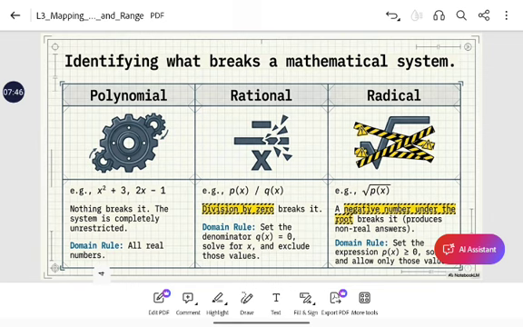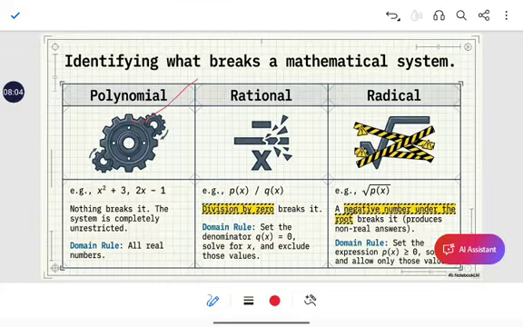All right, so we want to identify what can make a function undefined. What makes a function undefined? We have a polynomial, we have a rational function, and we have a radical. When we come to the polynomial, for example, x squared plus 3 or 2x minus 1, nothing breaks it.